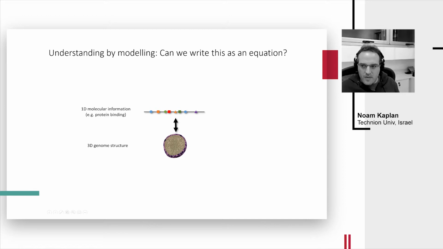Basically, I want to try to build a very simple step-by-step equation together with you, because it's still defined as a school. So I'll try to do it in such a way that everyone follows and understands the details. Unfortunately, I can't see your faces, but if you have questions, you can ask at the end. By the way, we also do experimental work, but I will not talk about that today.